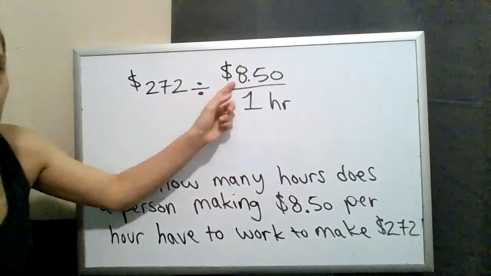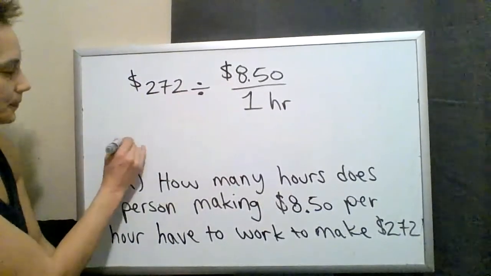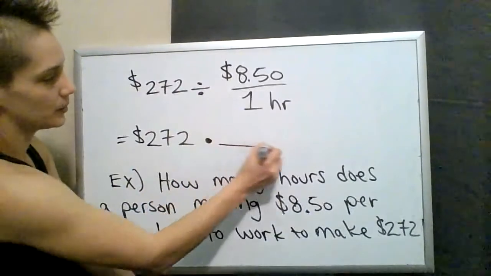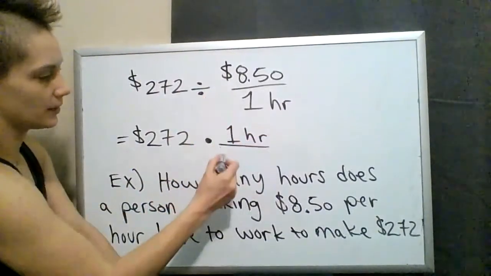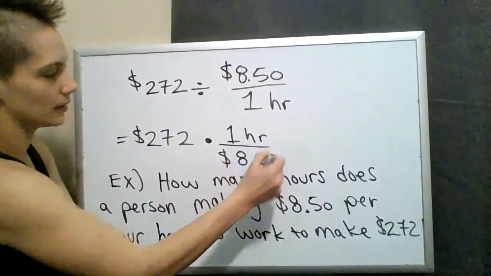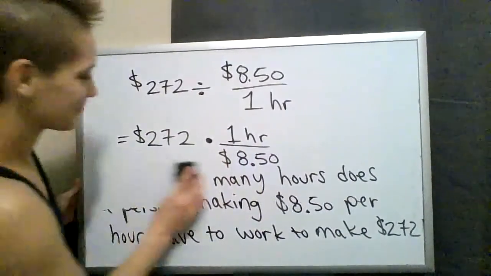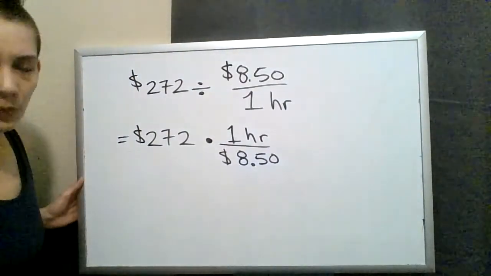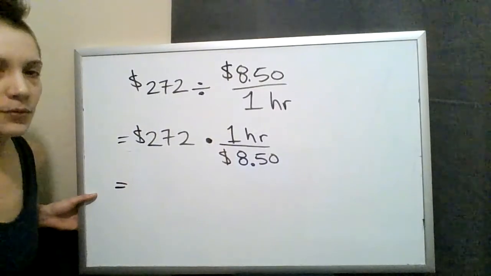A number divided by this fraction, we're going to have that number stay where it is. Multiply by the reciprocal. So these units go up here. We're going to have this dollars, the denominator.